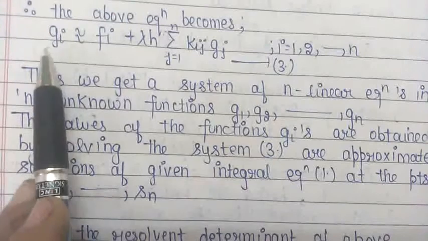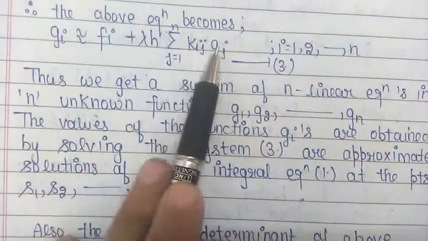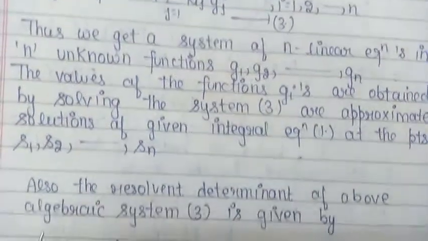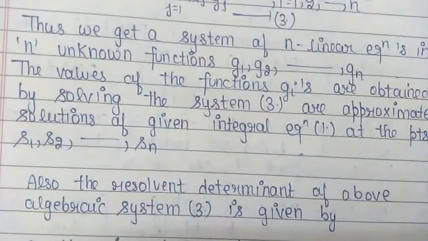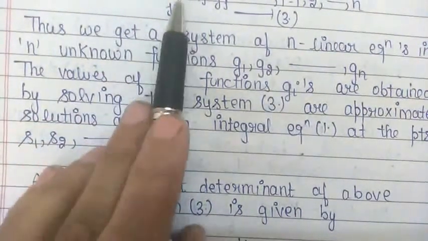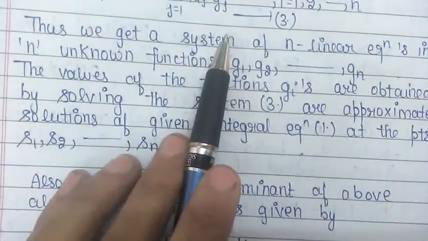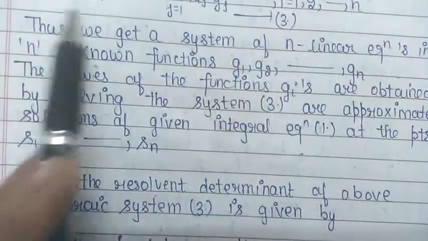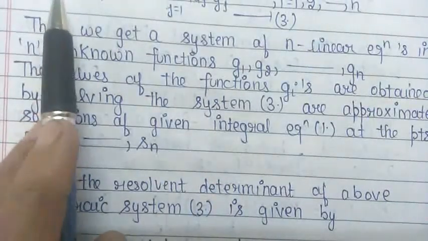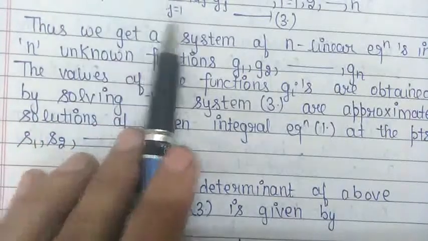By putting i = 1 and j from 1 to n, we get the first equation in g1, g2, g3 up to gn. In this way, by putting i = 2 and j varying from 1 to n, we get the second equation, and so on. For i = n, we get the last equation in the unknowns g1, g2, g3 up to gn.